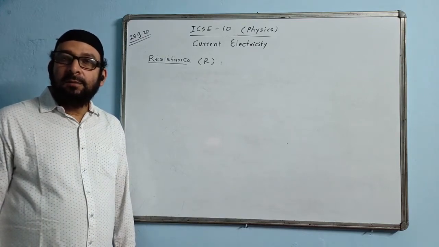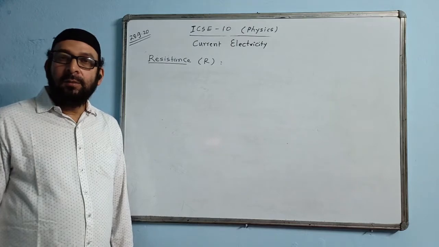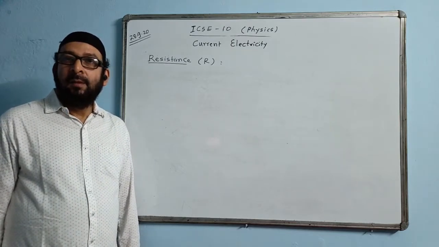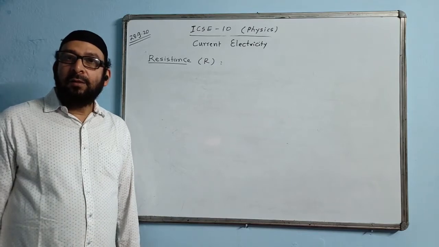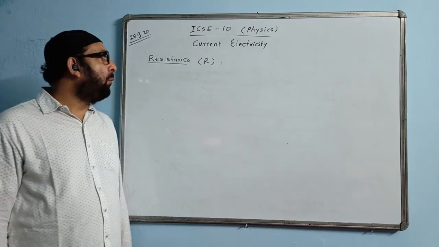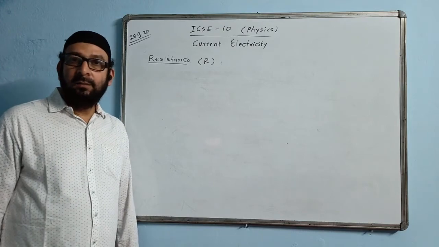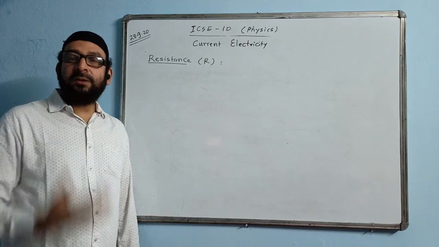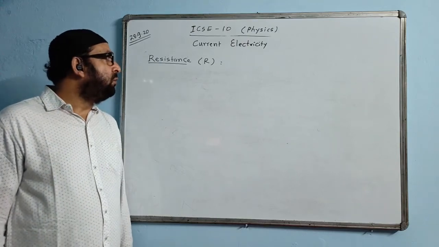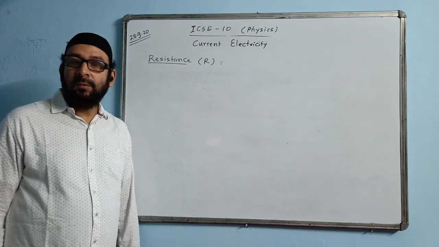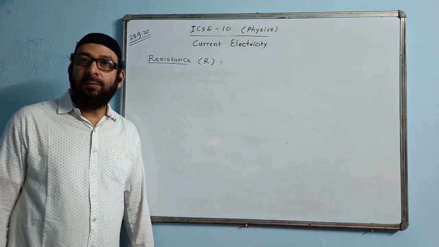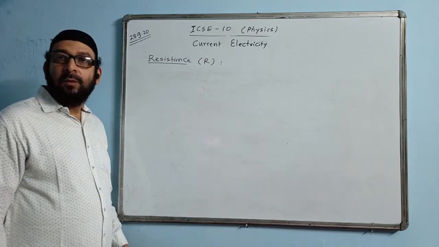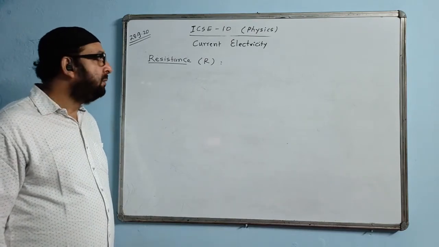It is the property of a conductor to oppose or to obstruct, you can add anyone, the flow of current.